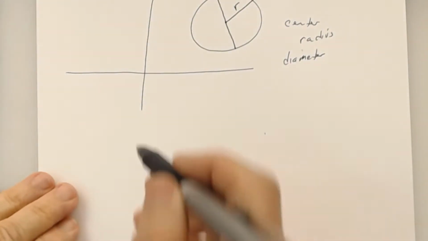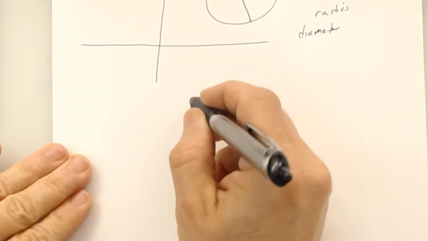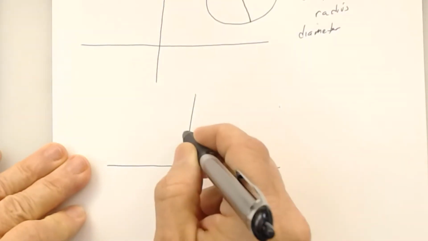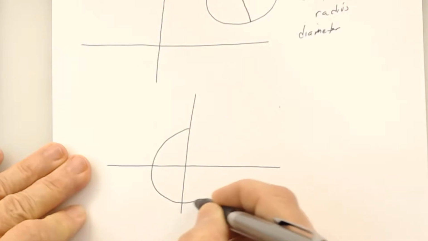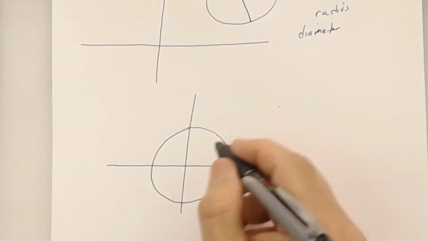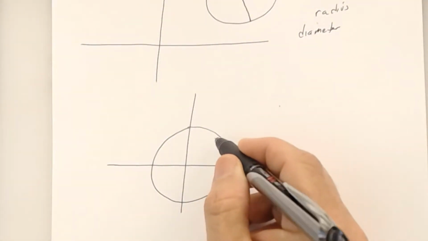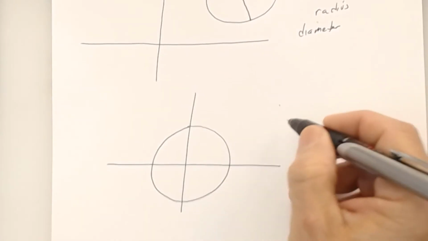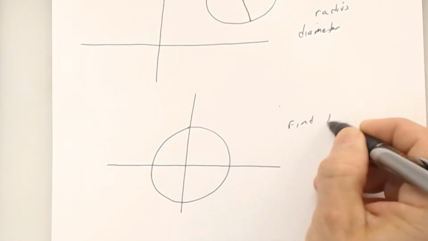Now, if I look at this circle right here, the center is located at the origin. It looks like it's a little off. And let's say I am trying to find the equation of this circle.